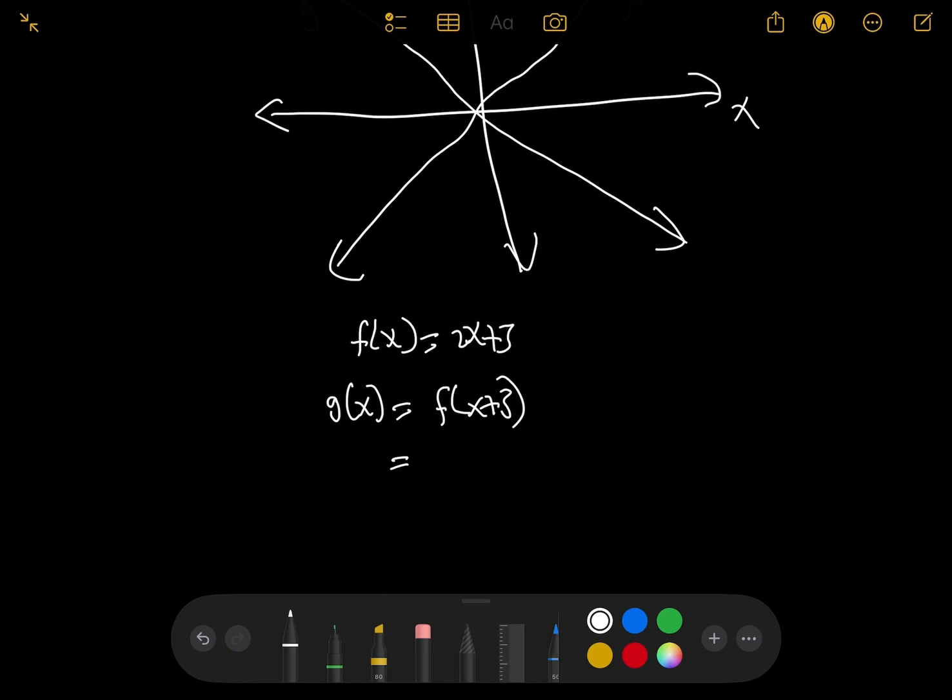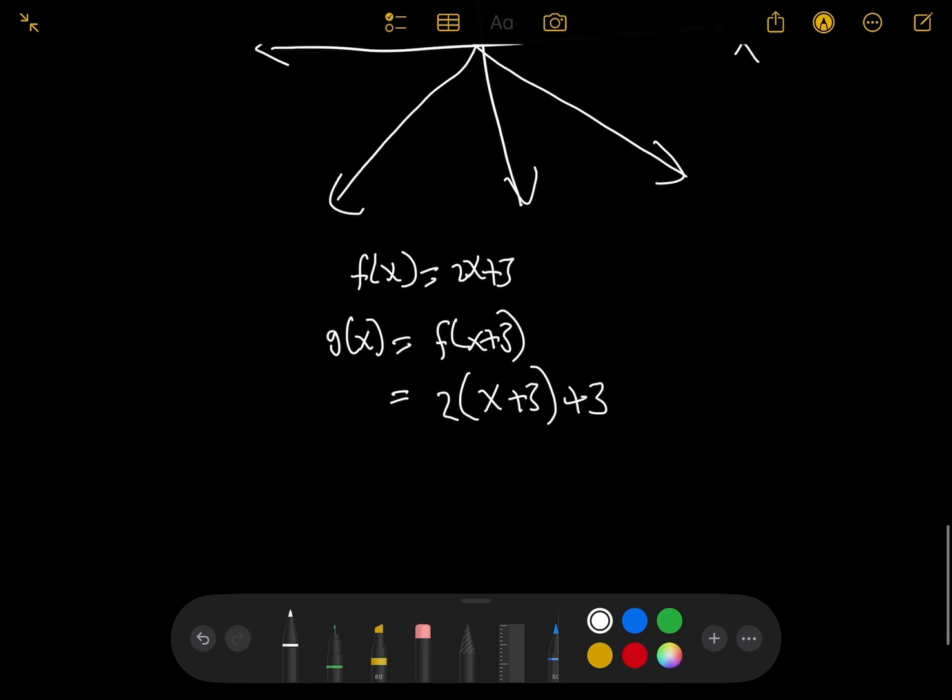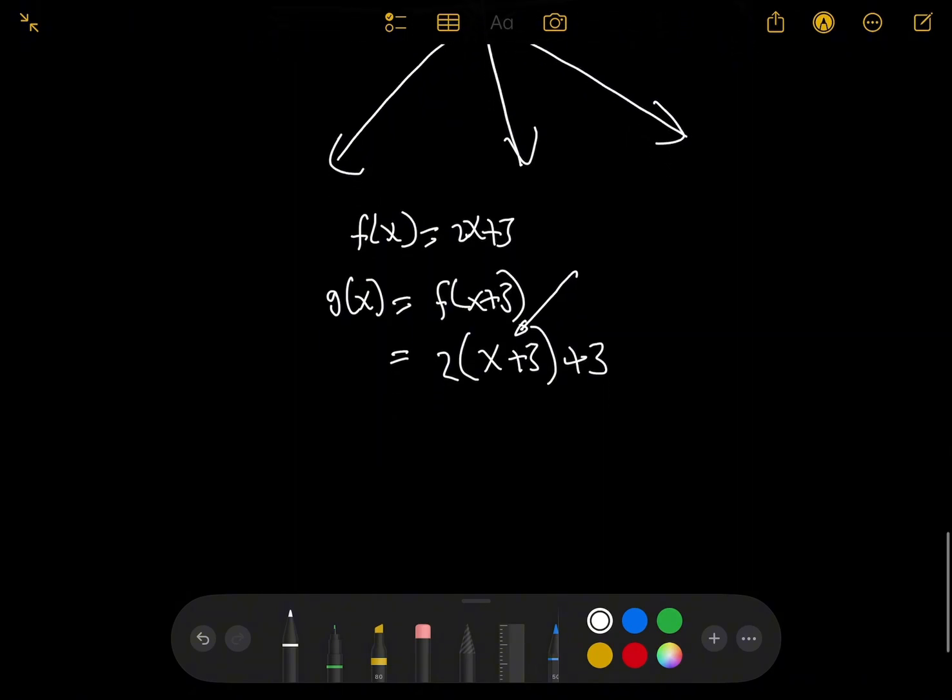So this will be 2 times x plus 3, plus 3. Instead of us having x here, we now have x plus 3. Every time, x is no longer x, but it also changes by 3 units as well. So this will be 2x plus 6 plus 3, which will give us 2x plus 9.